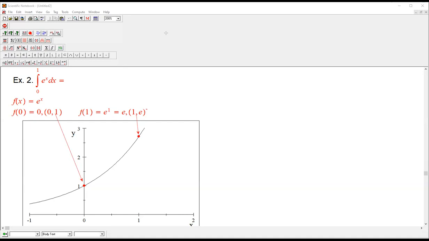So between A and B, what is A? What is B? A is 0. This is A and this is B. So between these two numbers right here, let me make it thicker.